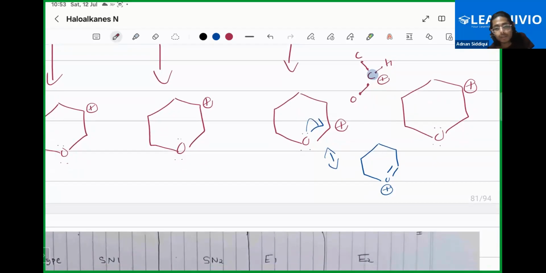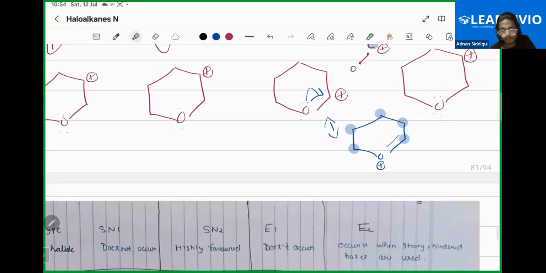But once you do this resonance, all the atoms have their octet complete. Let me show you how. Right now, these carbons have their octet complete. Let us see whether oxygen has its octet complete.